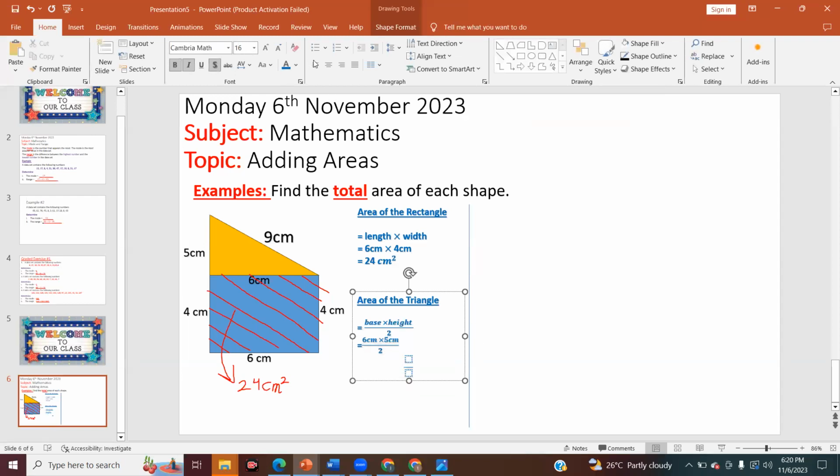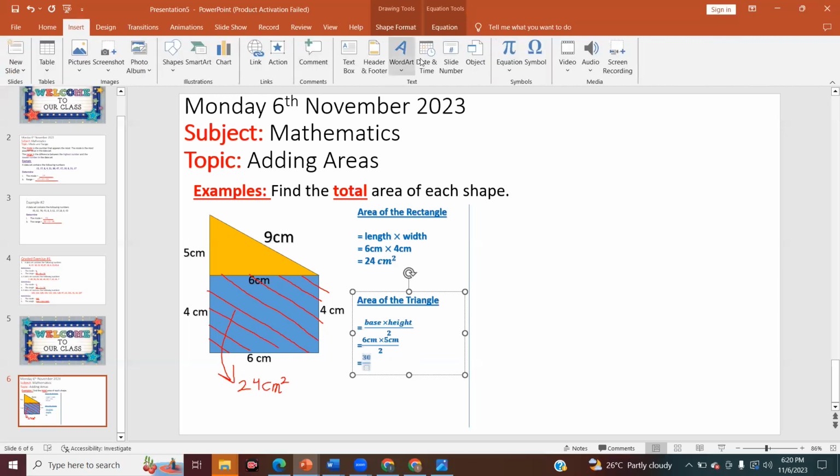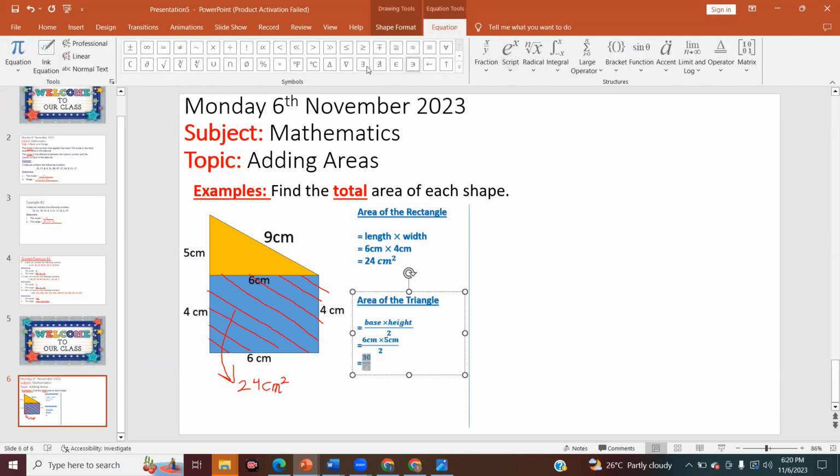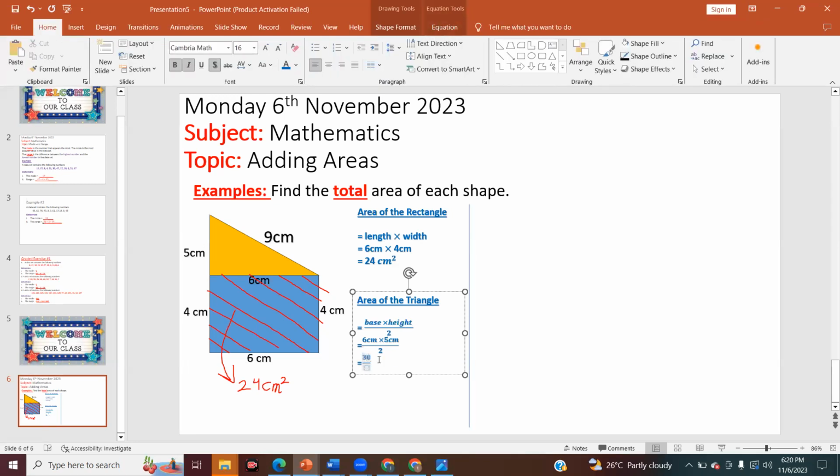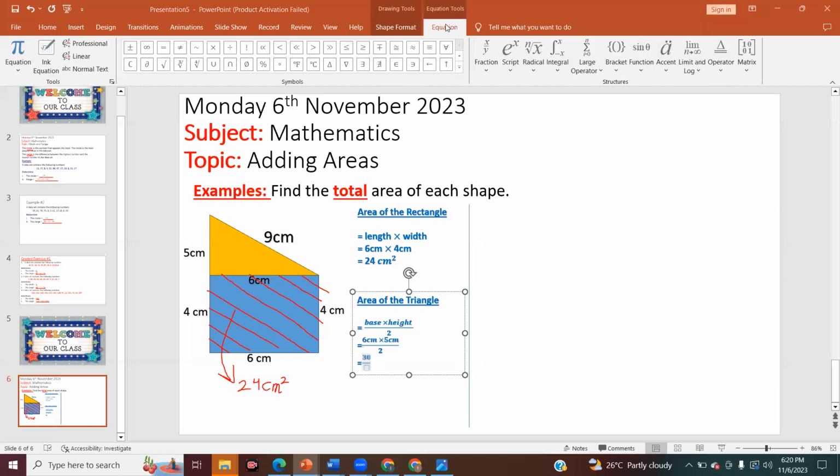But remember, we're dealing with centimeters squared, so it's going to be equal to 30 centimeters squared. When you divide that by 2, that's 15. Very good. So 30 centimeters squared.